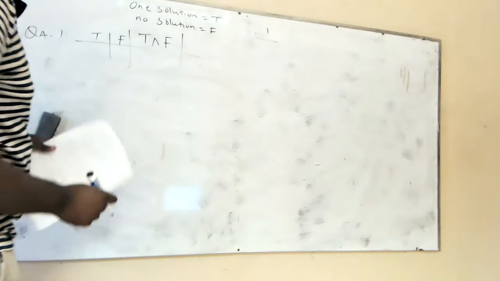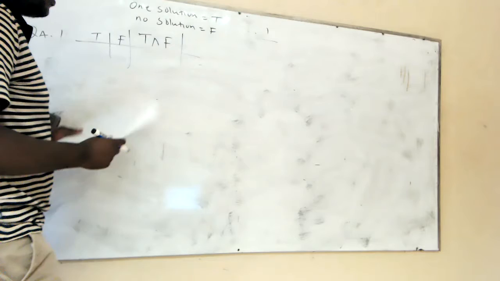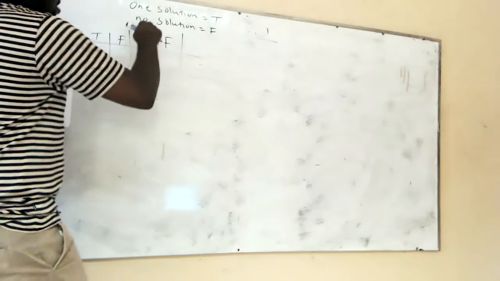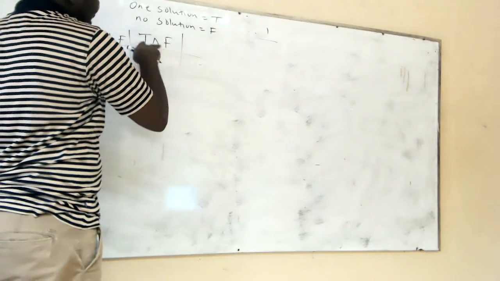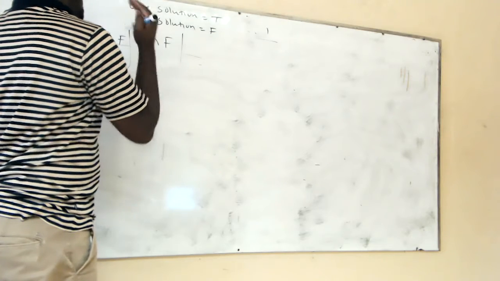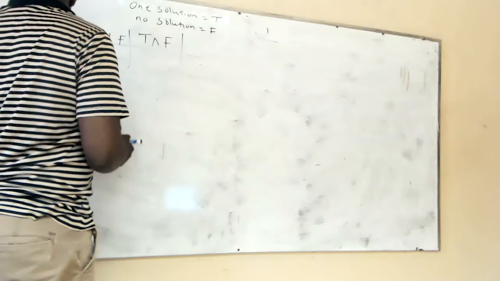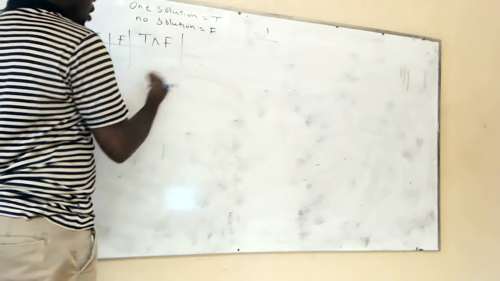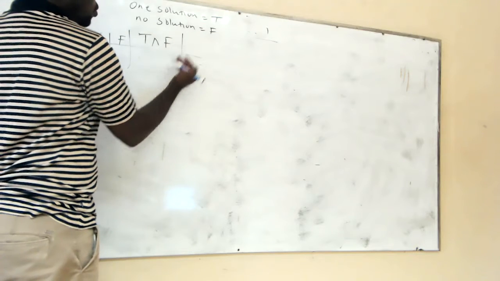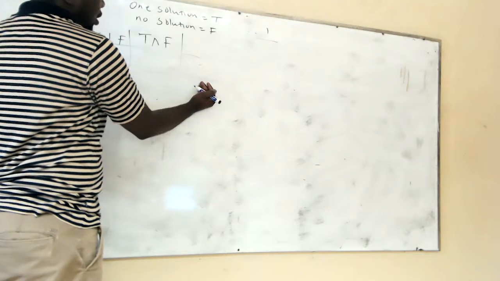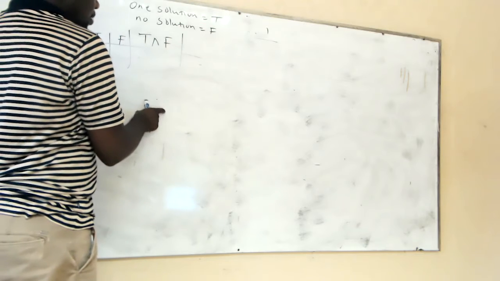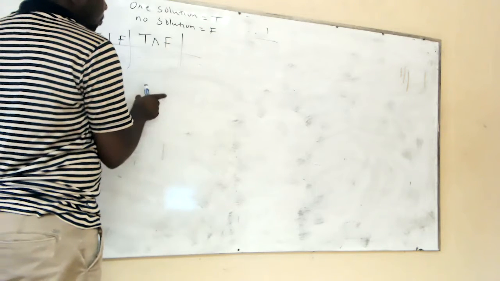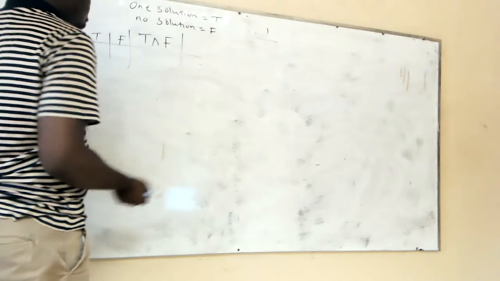Remember, I haven't taught you this chapter, so I will have to explain some things. The conjunction simply tells us that both options must be true. If one option is false, the whole statement is going to be false. If both statements are false, it's going to be false. If both statements are true, it's going to be true.